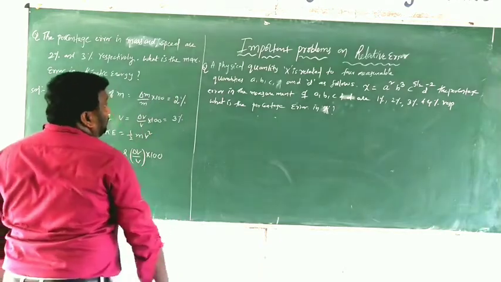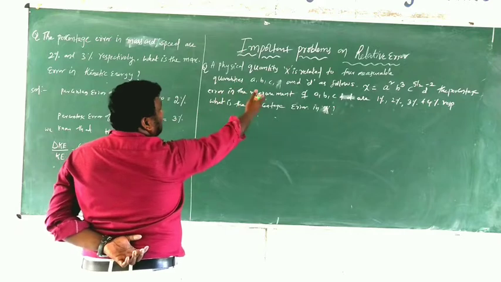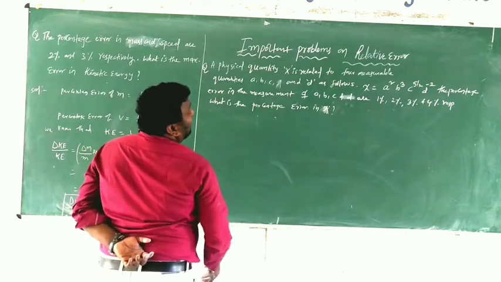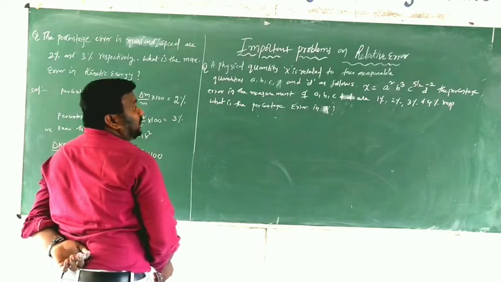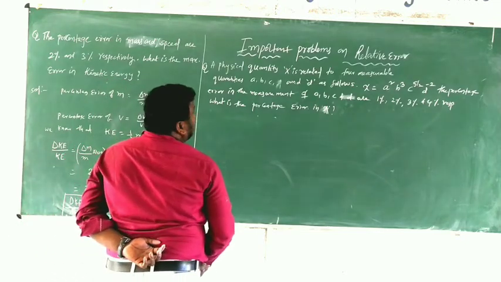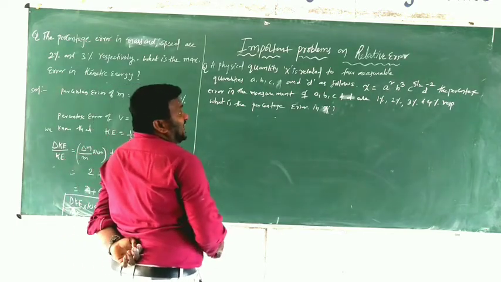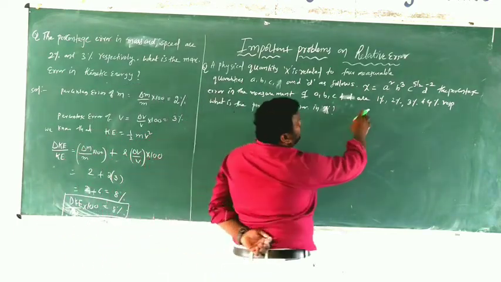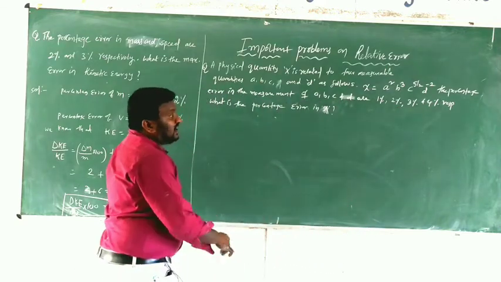See again clearly. A physical quantity X is related to the four measurable quantities A, B, C and D as follows. X is equal to A square, B cube, C to the power of 5 by 2 and D to the power of minus 2. The percentage errors in the measurement of A, B, C and D are 1%, 2%, 3% and 4% respectively. What is the error in X?